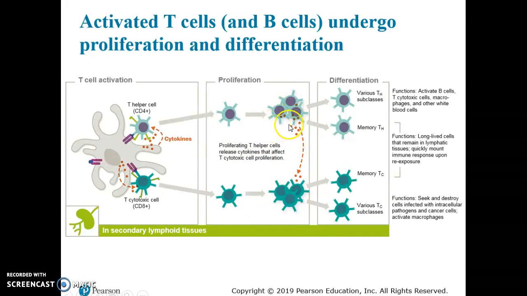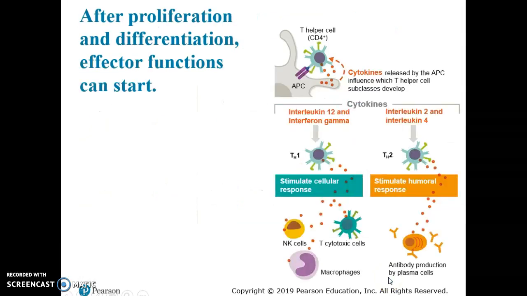All right, then this process of producing cytokines can also then cause the cell to differentiate, to change from just a general T helper cell to T helper 1, T helper 2, to the memory T cell, and then likewise the memory cytotoxic T cell, or the cytotoxic T cell that's going to go out and actually seek and destroy infected cells.